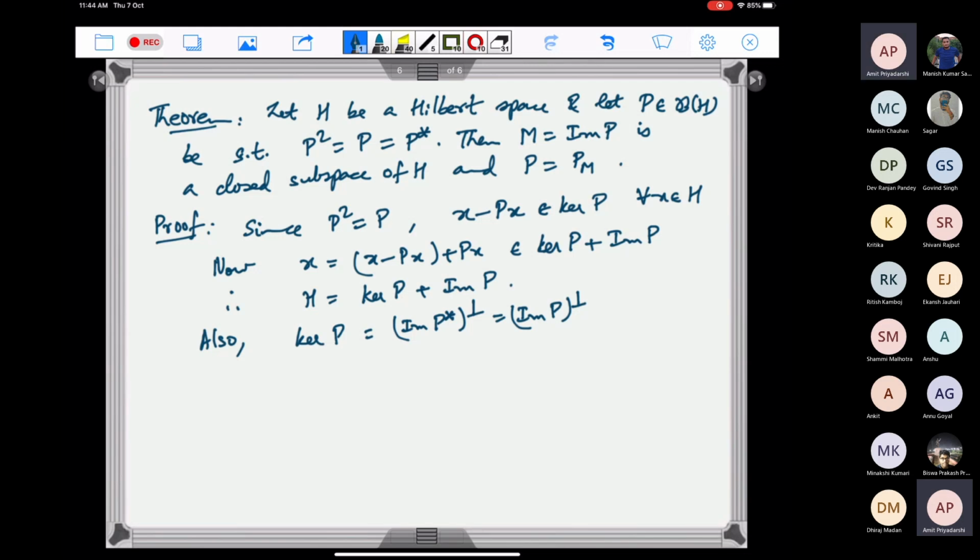So therefore, this will imply that image P is also closed, because this is orthogonal complement of a subspace, and this P is equal to PM.